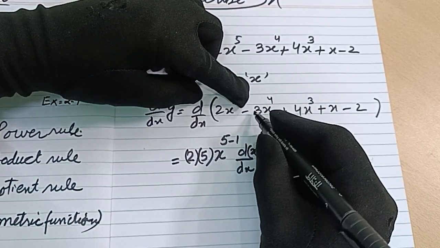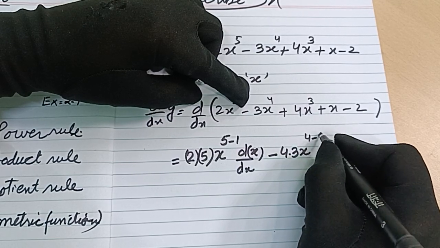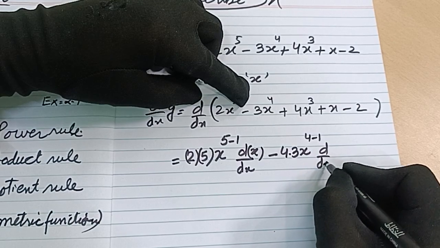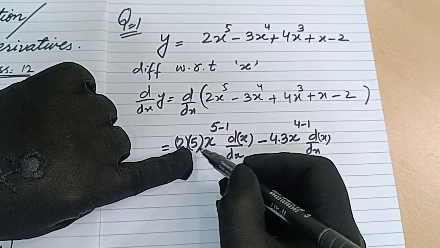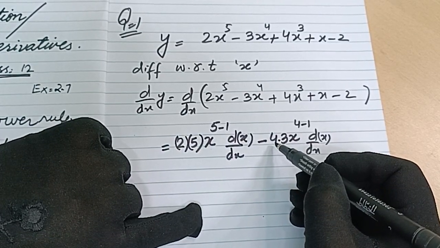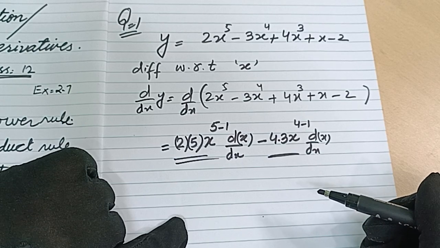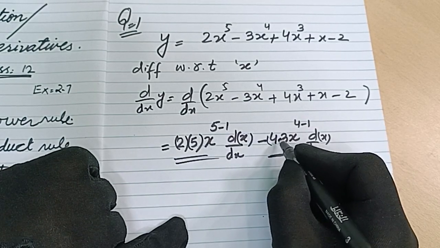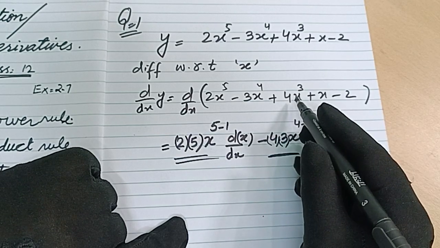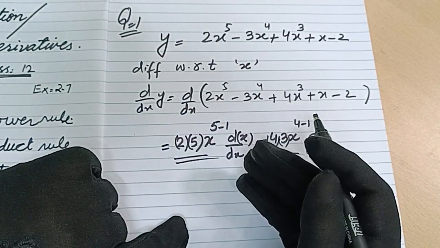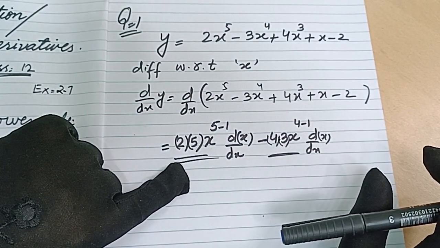Minus, again write the power 3 in the start, 3x^(4 minus 1), and the derivative of the function without power. Here I write the power with the variable, and here I write the power before the coefficient. Both ways are okay. You can write in any way, but make sure these two numbers are multiplying each other, because mostly students stay confused about which number is written in the start. Both formations are perfectly all right.